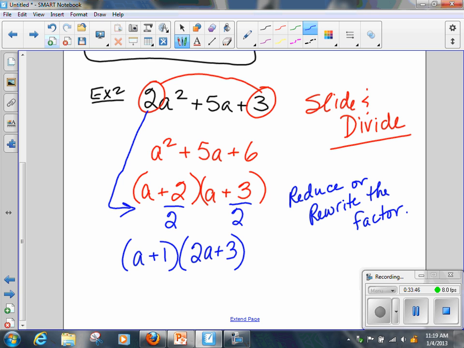Okay, fair enough? How many of you have seen slide and divide before? I know my little children's have. Okay. Some of you like it, some of you don't. Some of you tear it up with careless mistakes. You don't have to do it this way, though. If you want to go trial and error, you go trial and error all day long. Do you do the chart?